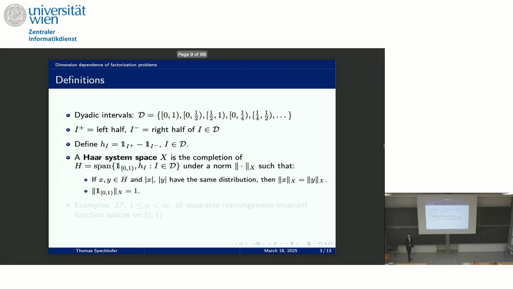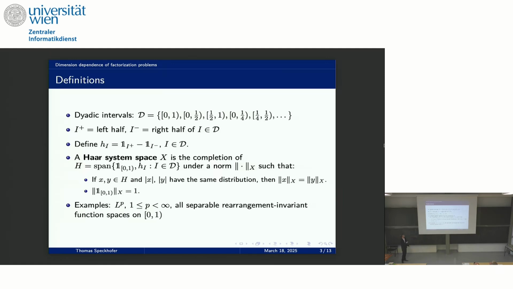And the second condition is just some normalization, so the constant function should have norm 1. Okay, so this class was introduced by Lechner, Motakis, Müller, and Schlumprecht, and it contains, for example, all the Lebesgue spaces for p less than infinity, and more generally, all separable rearrangement invariant function spaces on the unit interval, for example, Orlicz spaces.